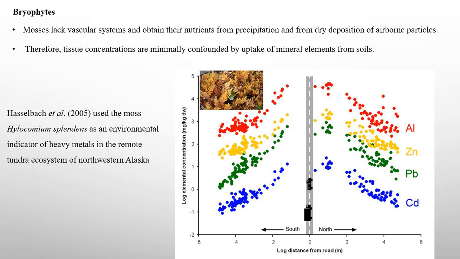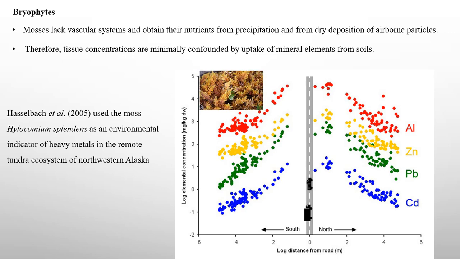Here is given an example of a moss named Hylocomium splendens, which was used by a group of scientists led by Hasselbeck to determine the environmental quality in an area contaminated with heavy metals.